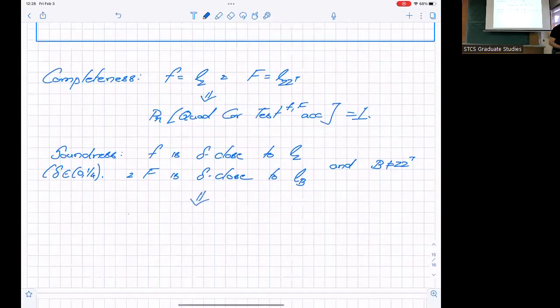Then I want the probability of the quadratic correlation test on f, F to have an upper bound. So I want to put an upper bound on this.